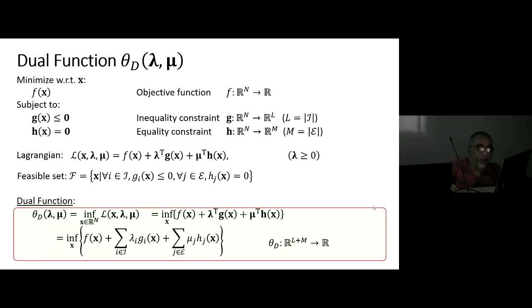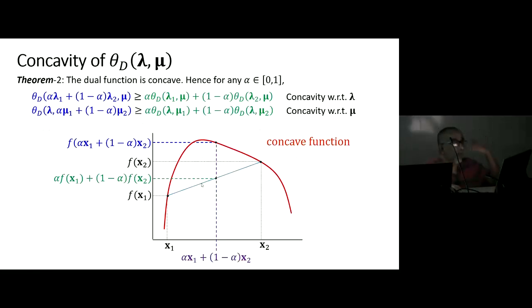Okay, so let's highlight this because it's an important definition. And I can rewrite the feasible set in this manner in terms of vector functions g and h. Theorem 2: the dual function is concave.